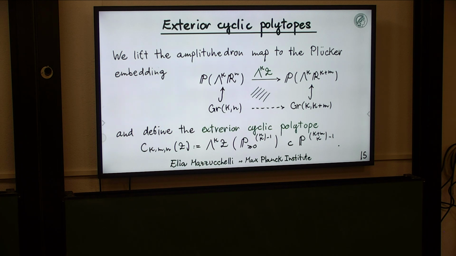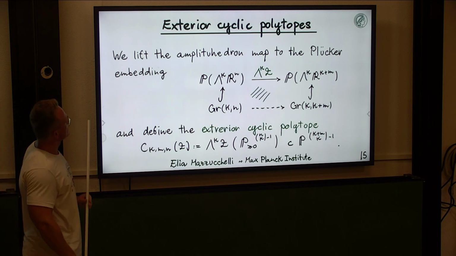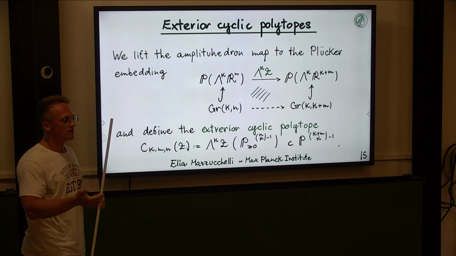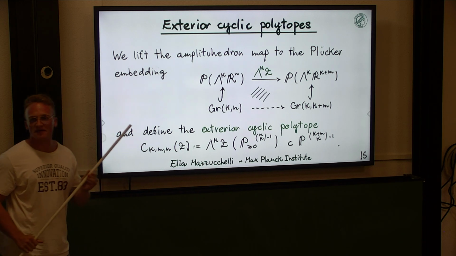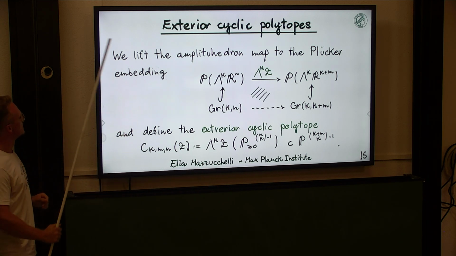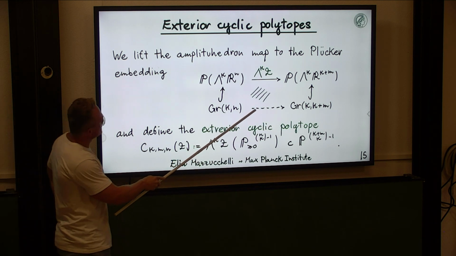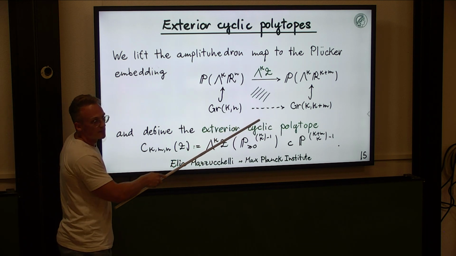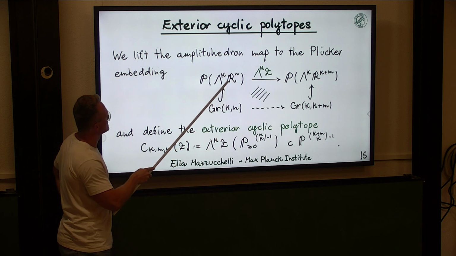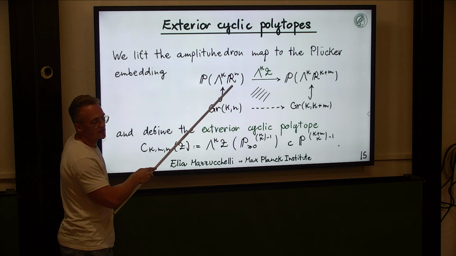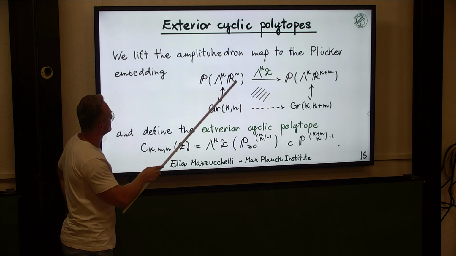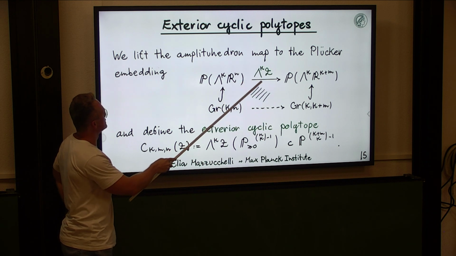Right, and considering this notion of convexity, or asking whether the amplituhedron is convex in the Grassmannian with respect to this notion, led us to consider a polytope. This polytope is defined by lifting the amplituhedron map, which is between Grassmannians, to a map between the respective Plücker embeddings.